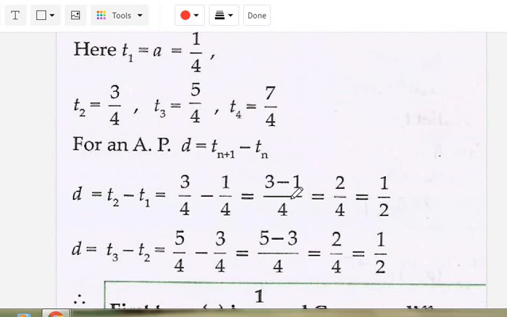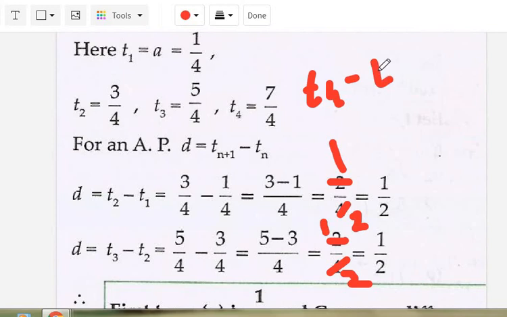Subtract the numerators, that is 3 minus 1 upon 4. 3 minus 1 is 2 upon 4. Here 2 1s are 2 and 2 2s are 4, that is 1 by 2. Again T3 minus T2. T3 is 5 by 4 minus T2 is 3 by 4. Denominators are same. 5 minus 3, that is 2 by 4, again 1 by 2. Then T4 minus T3.